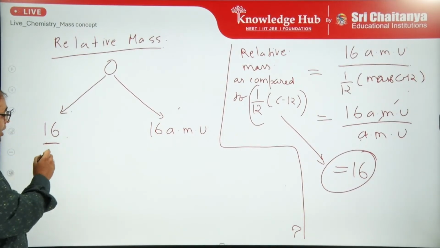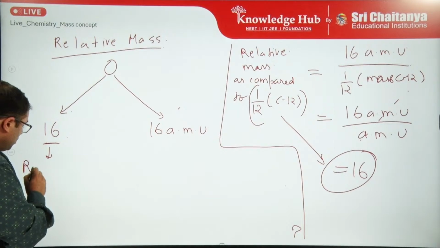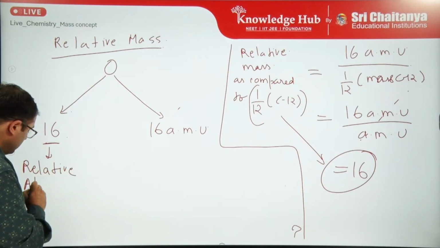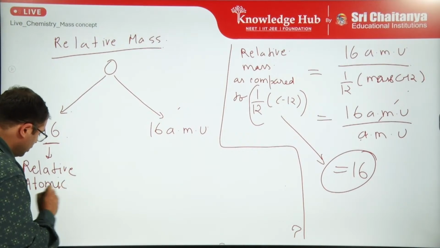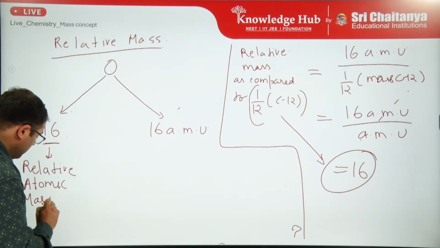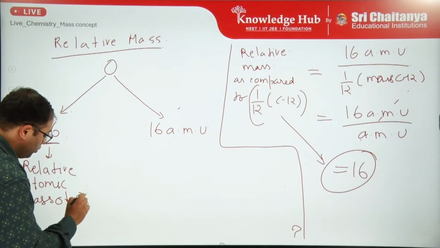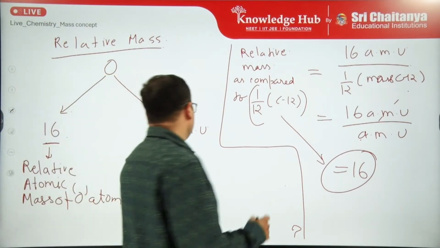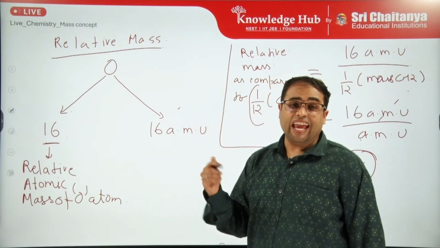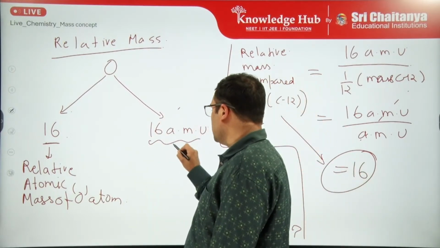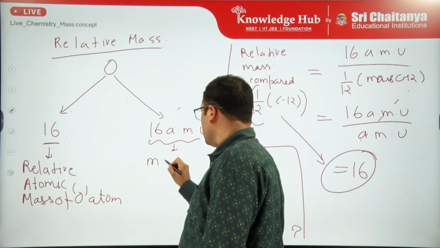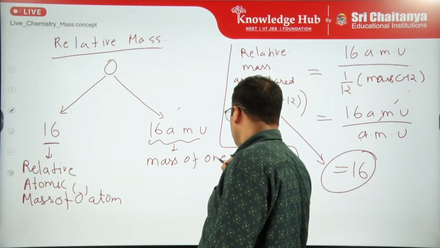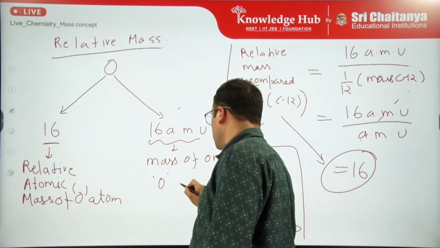The 16 value is the relative atomic mass of O atom. And what is this 16 AMU? Nothing but the mass of 1 O atom.